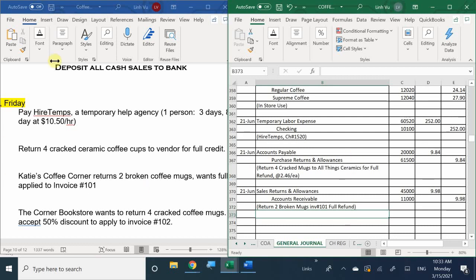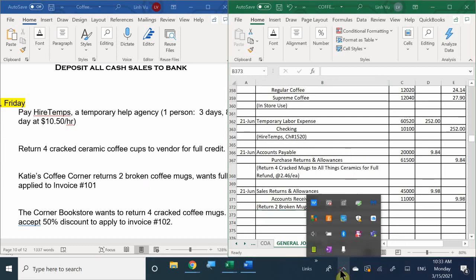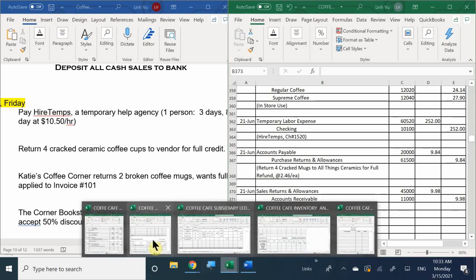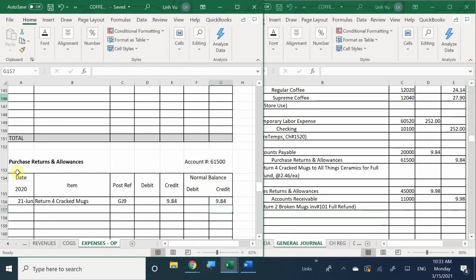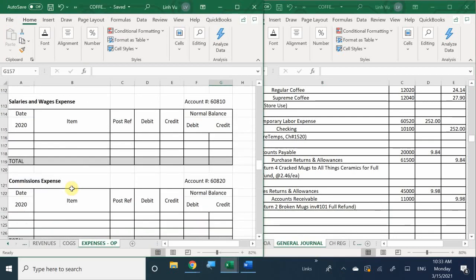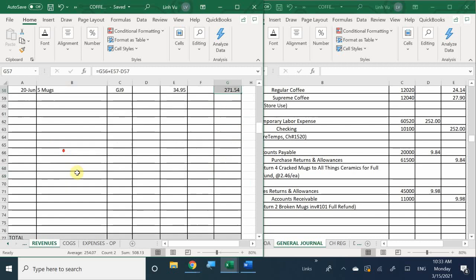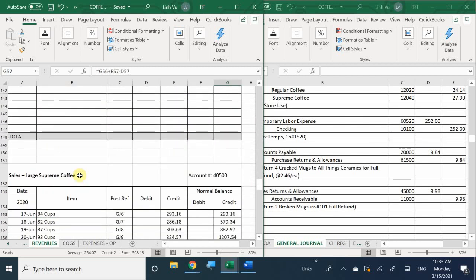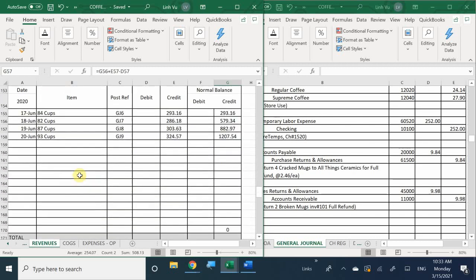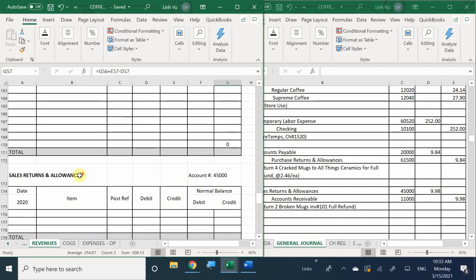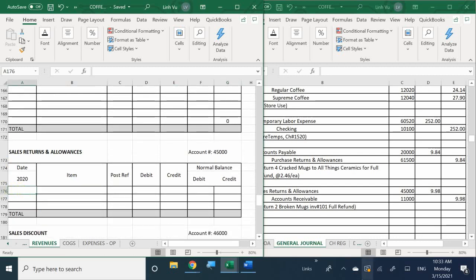Ledger. Sales returns and allowances is going to be under revenues. All right. Sales returns and allowances. Here it is. 621. What are we going to put here?